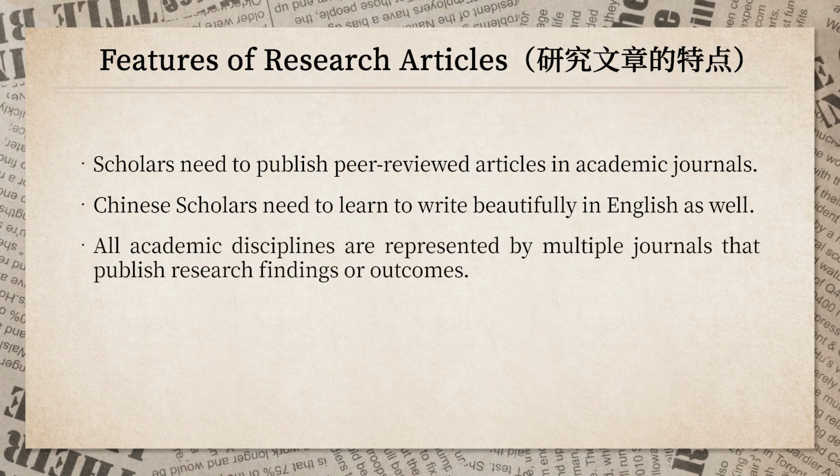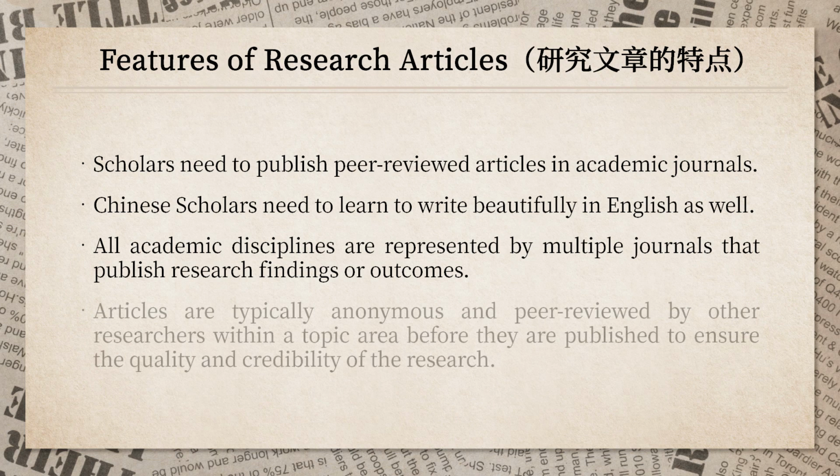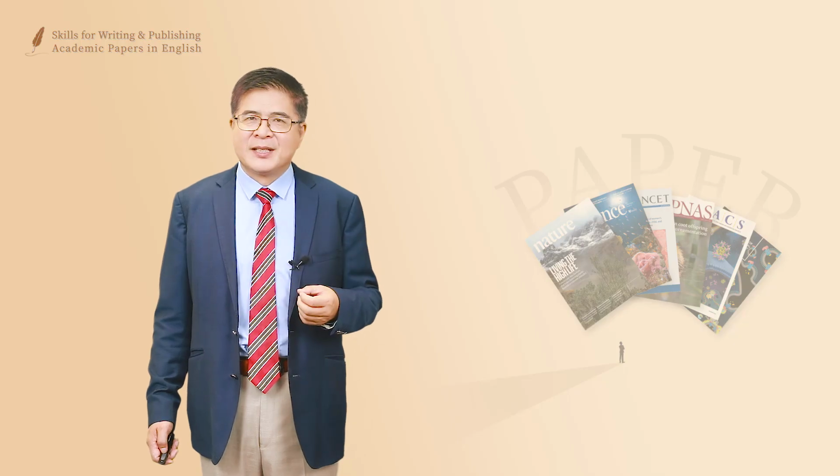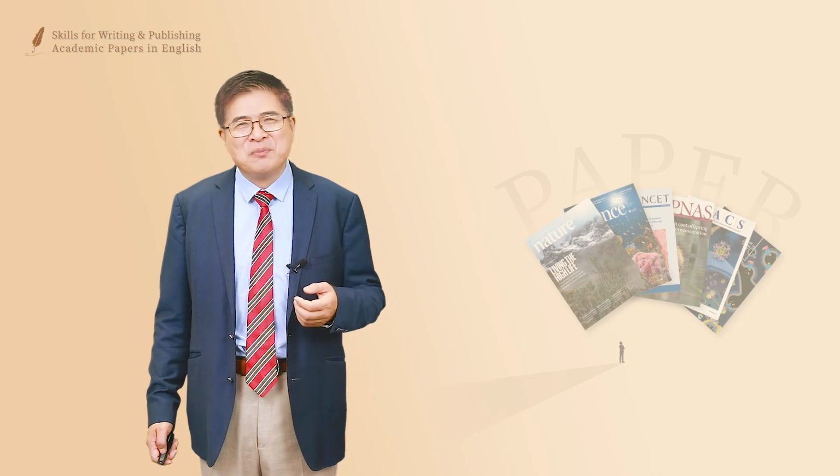All academic disciplines are represented by multiple journals that publish research findings or outcomes. Articles are typically anonymous and peer-reviewed by other researchers within a topic area before they are published to ensure the quality and the credibility of the research. So please publish before you perish.